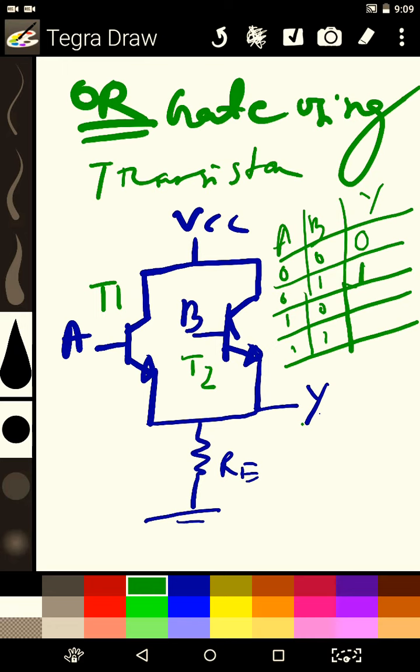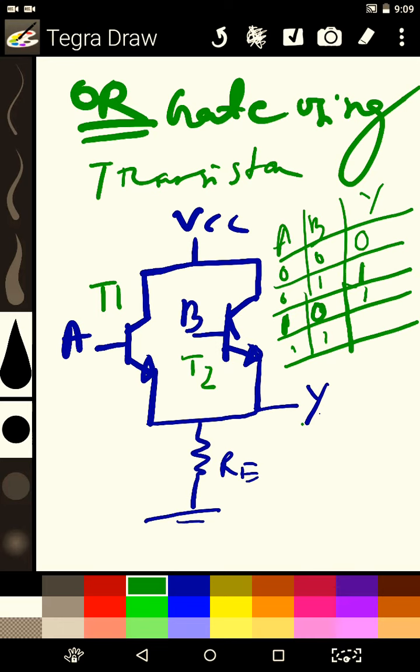Next, A 1 and B 0. In that case, the transistor T1 will be in the saturation region and the transistor T2 will be in the cutoff region. That's why there will be a closed path between VCC and the Y terminal, so there will be output 1. Some voltage will appear at the Y terminal due to the closed circuit between VCC through the T1 transistor.